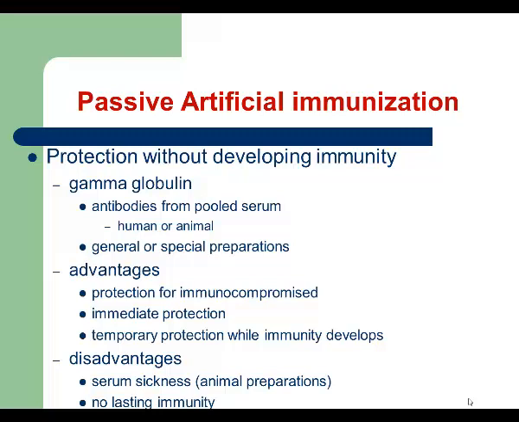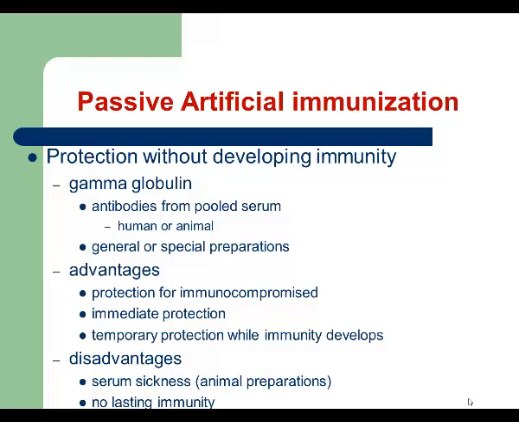So, advantage of this type of immunization: a child or infected or immunocompromised patient is protected right away. So again, immunoglobulins or gamma globulins protect our patients right away. And as I said, it's very important, especially for immunocompromised patients. Disadvantage, short term of immunity.